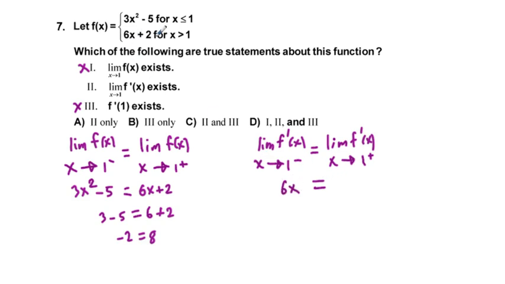And then on the right side, the derivative of 6x plus 2 is 6. If we substitute in 1, we get 6 times 1 equals 6. So these are equal to each other, which means that the limit as x approaches 1 of f prime of x does exist and equals 6. So A is our correct answer.